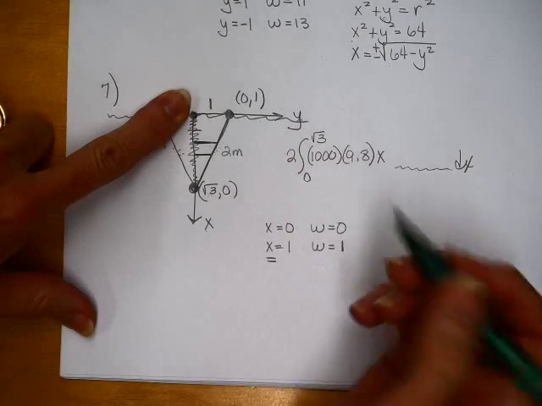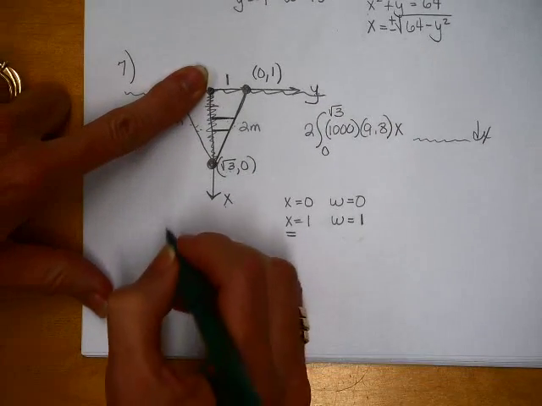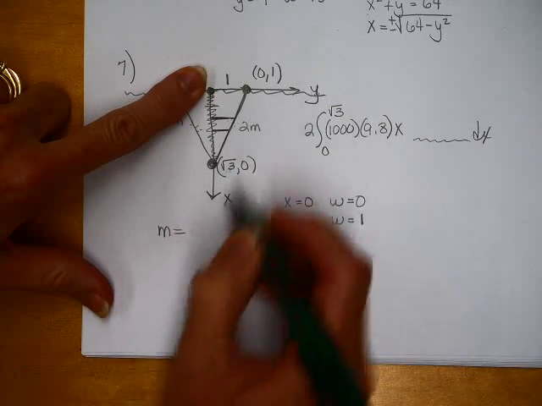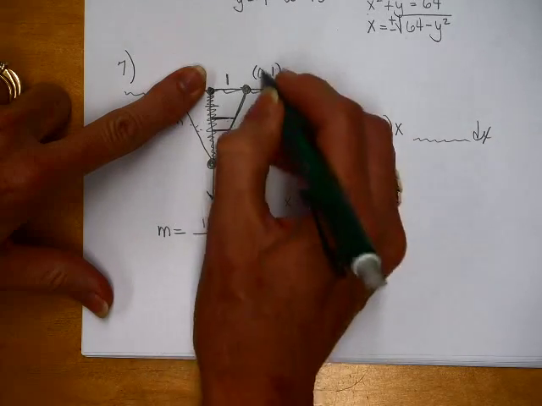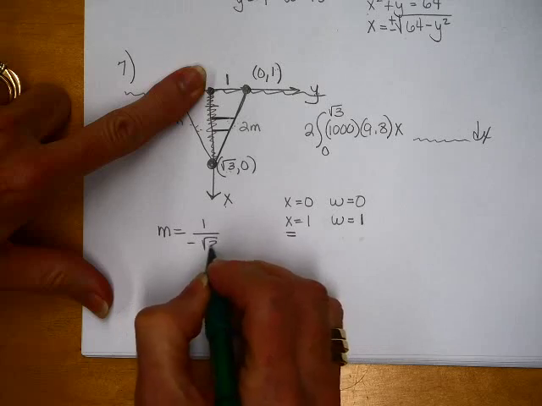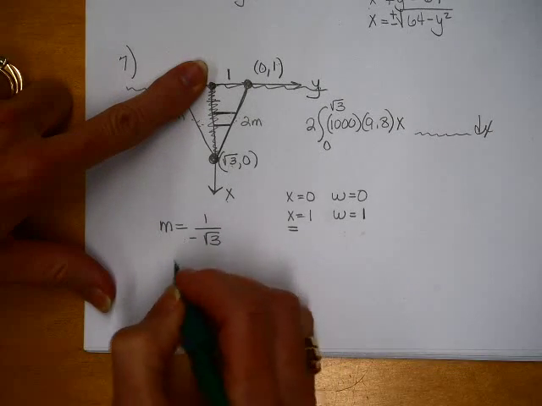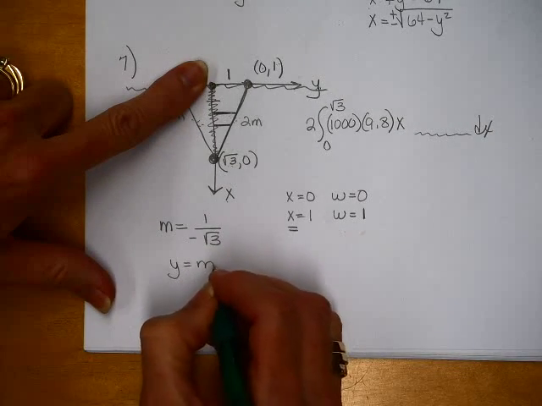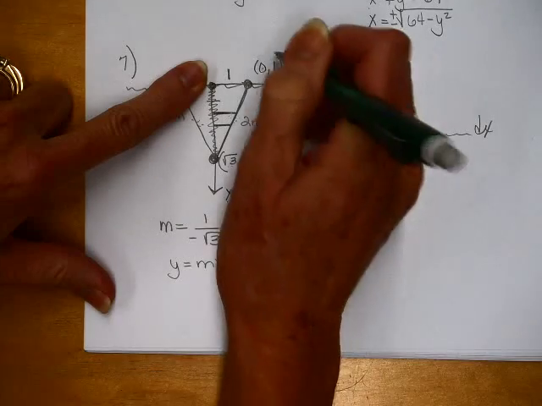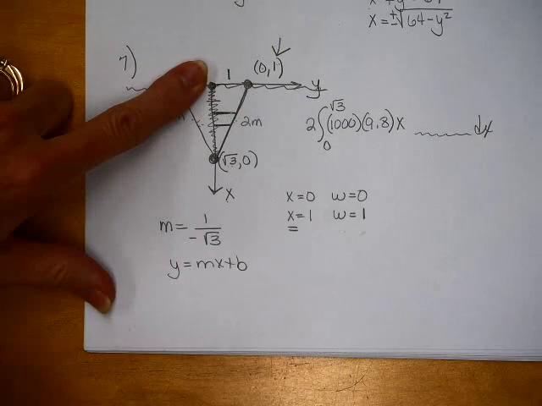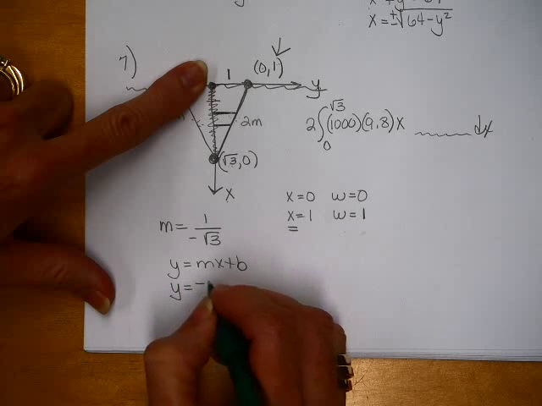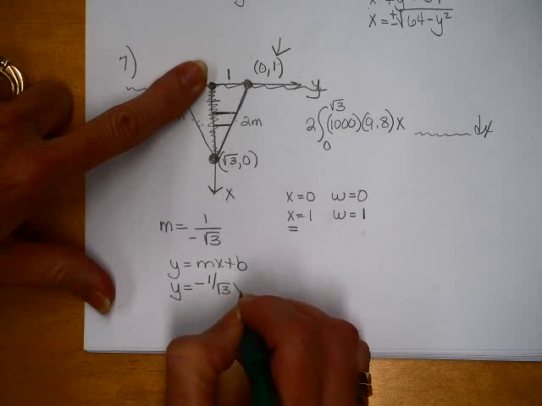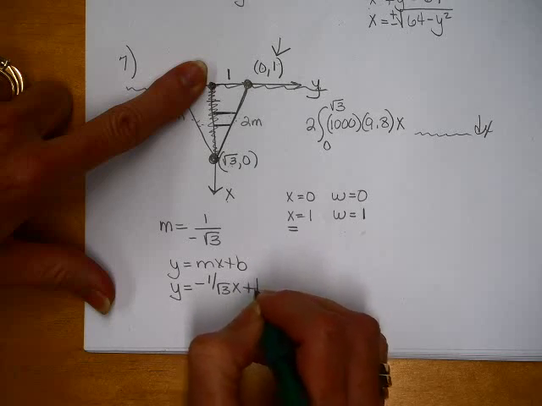To find the slope of the line, slope is y's over x's. 1 minus 0 is 1. 0 minus the square root of 3 is negative square root of 3. If I use y equals mx plus b, I know that this is my y-intercept. So the equation of this line is y equals negative 1 over the square root of 3 times x plus 1.